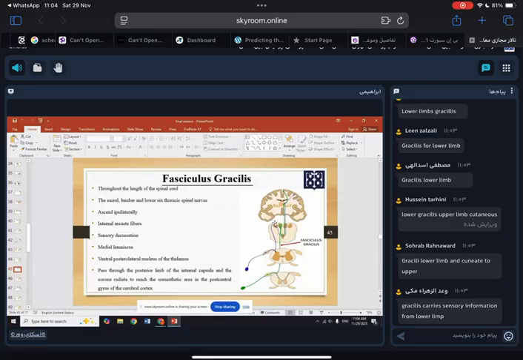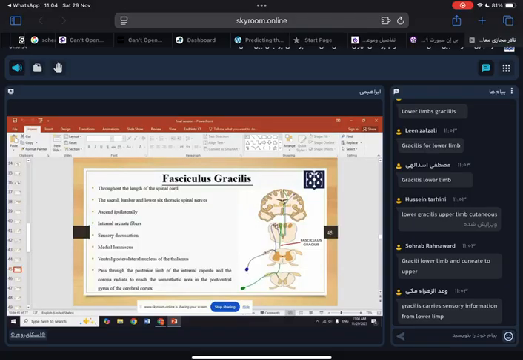To the medulla oblongata. In the medulla oblongata, we have the gracile tubercle and cuneate tubercle. The information, this part, the green color, came from the lower limb and came to the gracile tubercle, and the blue one came from the upper limb and came to the cuneate tubercle.